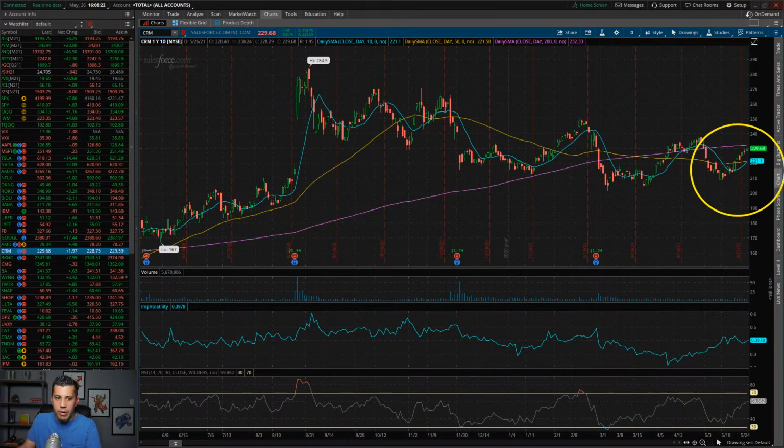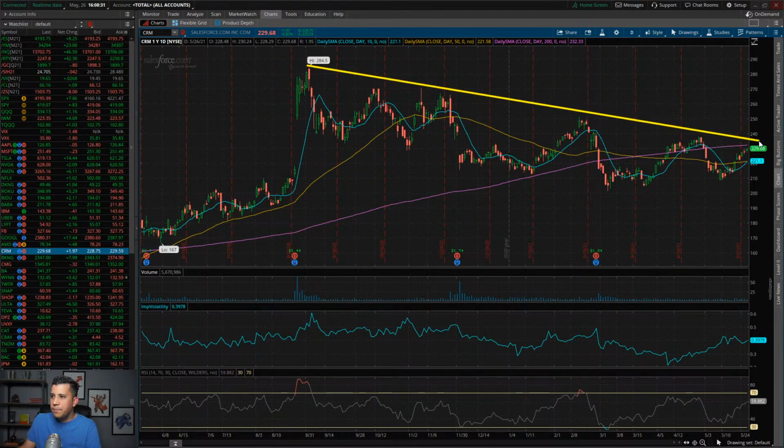It could explode, but we're basically pinging between two numbers here. There is some resistance, as you can see, and the range is getting a little tight. So I would say you want to be very careful. It could get rejected. What you want to see is this starting to make a move up in this area, and if it can move in this area, chances are it could break the trend.